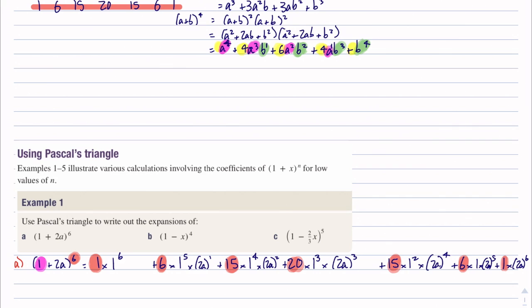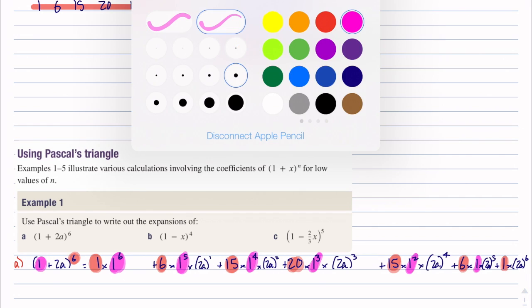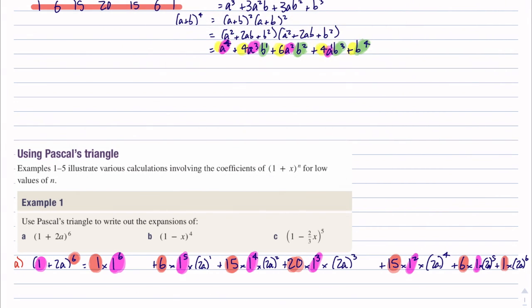This 1 here was this 1 to the 6, 1 to the 5, 1 to the 4, 1 to the 3, 1 to the 2, 1 to the 1, and then it disappeared. And this 2a gave me, well, it disappeared at first, and then 2a to the 1, 2a squared, 2a to the 3, 2a to the 4, 2a to the 5, 2a to the 6.